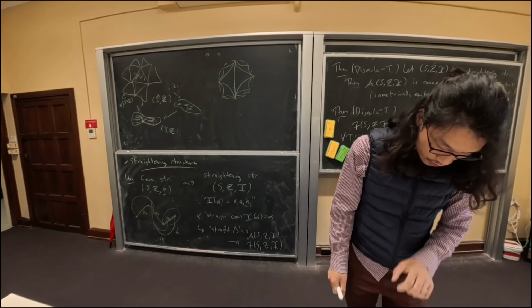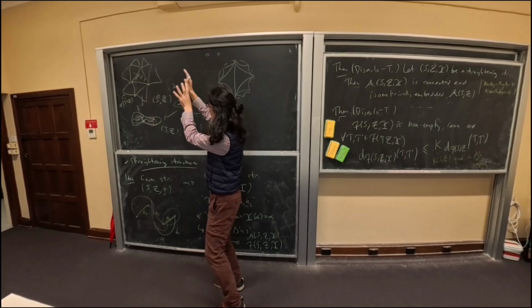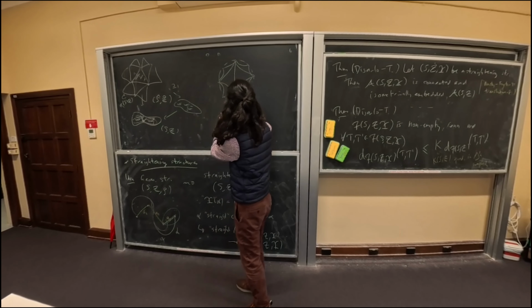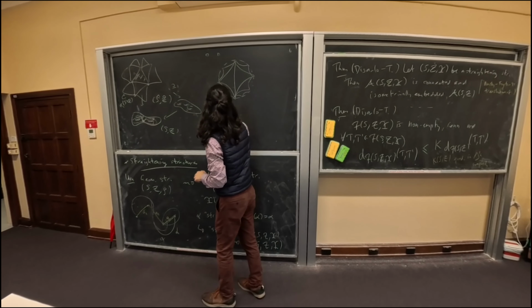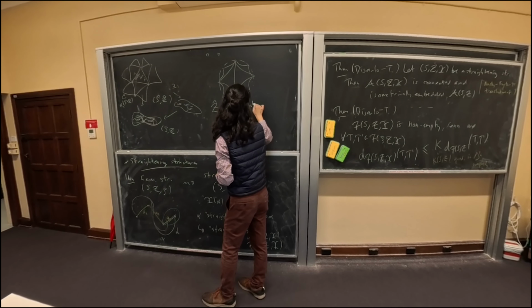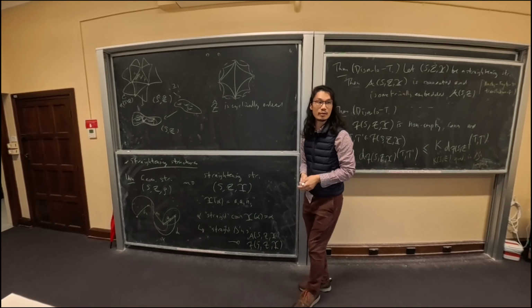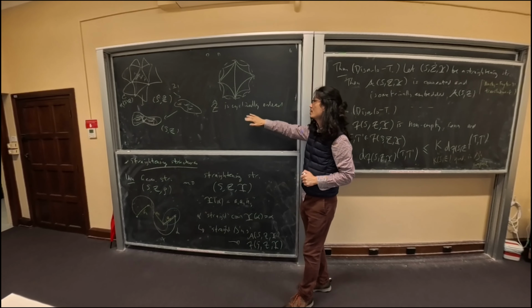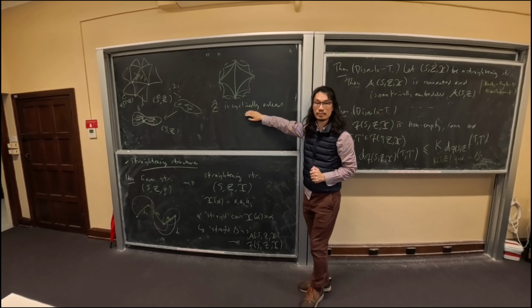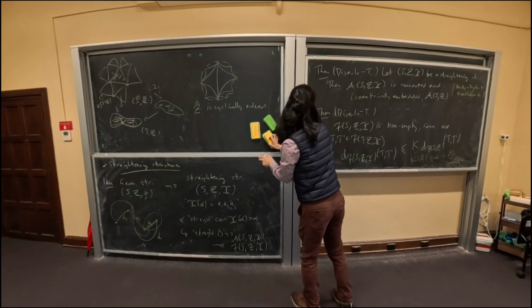The main point here is that this picture is maybe geometrically accurate, but here we can see that the set Z is cyclically ordered, since it lies on the circle. That's the thing we want. So a straightening structure is going to be some operator on a cyclically ordered set. Let me write down the definition.